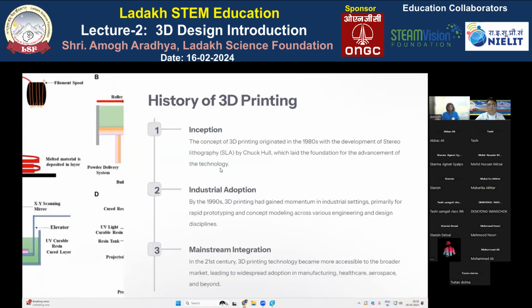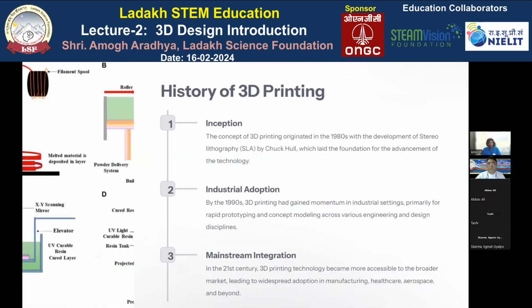So yeah, I want to talk about the history of 3D printing. The inception of 3D printing originated in the 1980s with the development of stereolithography by Chuck Hull. It's a type of 3D printing which laid the foundation for advancement of the technology.